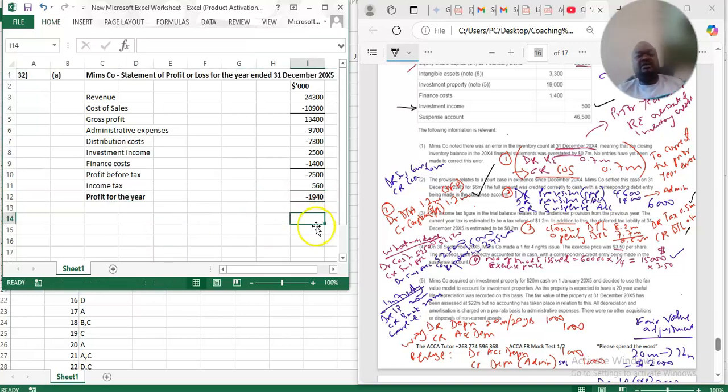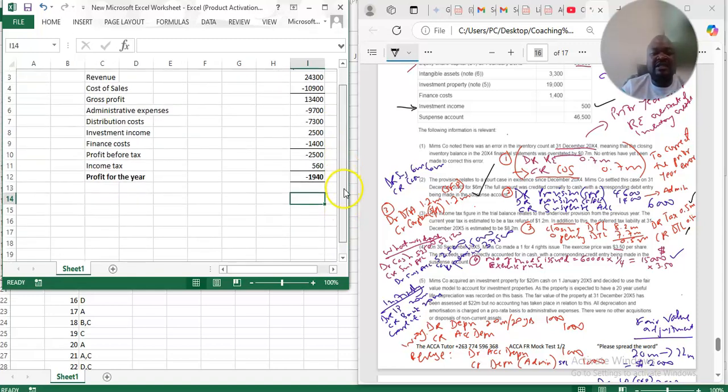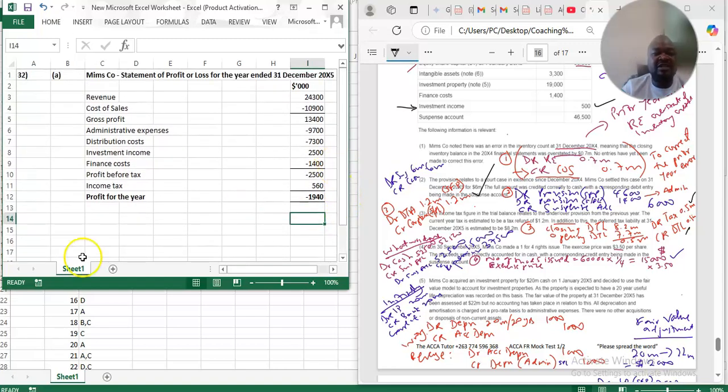Okay, good. We are done with the statement of profit or loss. Let's now do the statement of changes in equity. So you come here and say B, changes in equity.